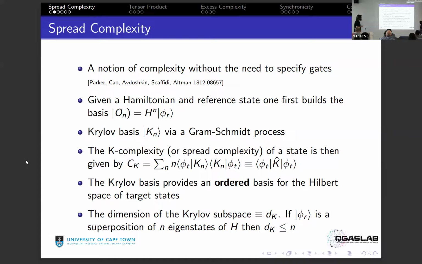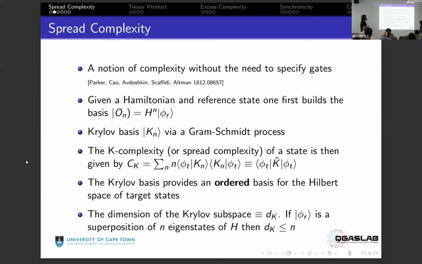Just one point to note, which will perhaps be relevant later: the dimension of the Krylov subspace is usually written as dk, and if your reference state is a superposition of n eigenstates of the Hamiltonian, then the dimension of the Krylov space is at most n. But there could be additional symmetries in the state that you're considering, which will make it less than n. It's usually due to symmetries that there's a reduction in the number of Krylov basis vectors that you construct.